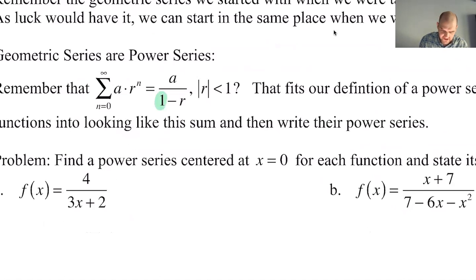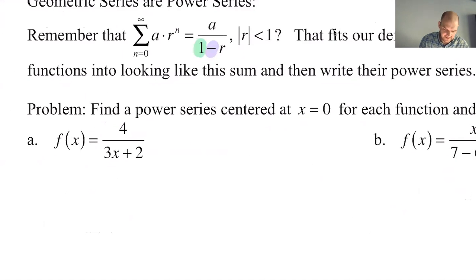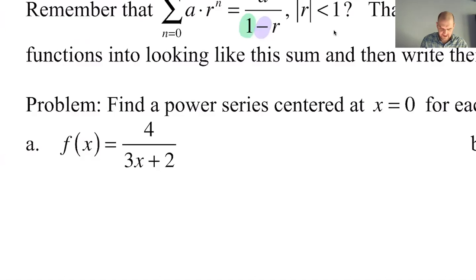The next most essential part is the minus. So my goal whenever I'm faced with this is to try to rewrite the thing I'm looking at, usually a rational function, so it looks like something over 1 minus something. I don't really care what. That's my goal.